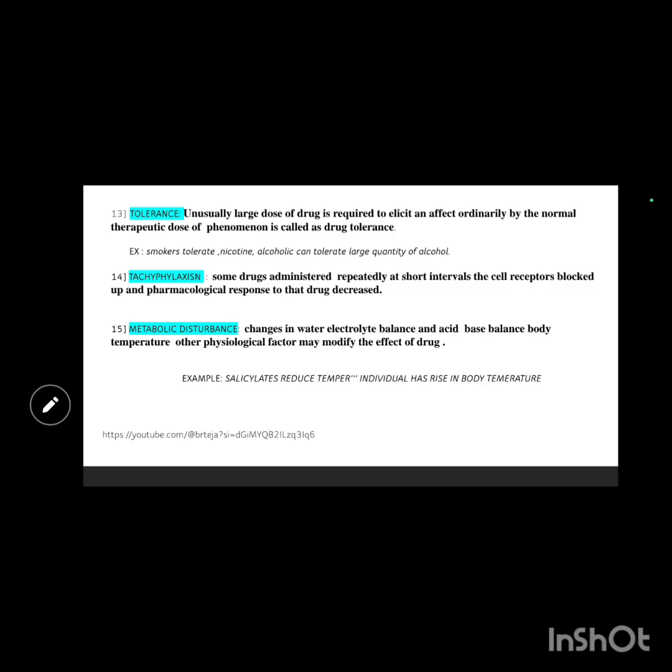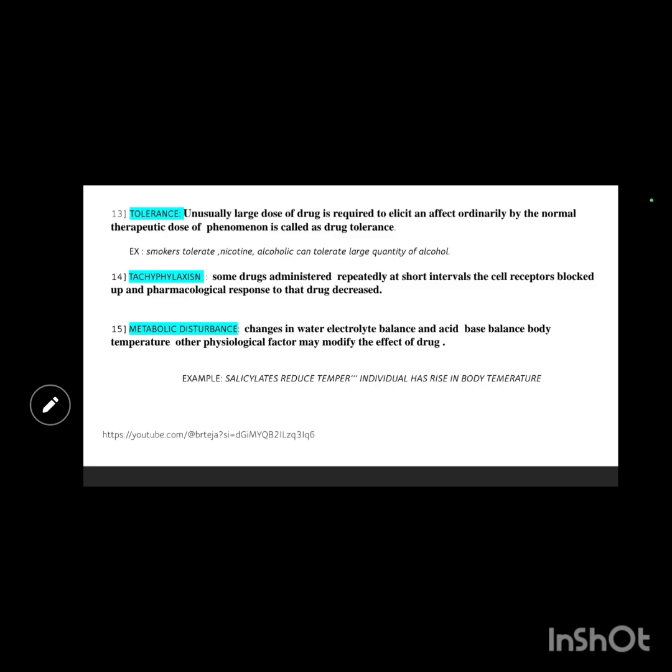Morphine is sedative in nature and relieves pain in the medical sector. But outside, people use heavy doses of nicotine and morphine, which is not good for health. This is called tolerance.